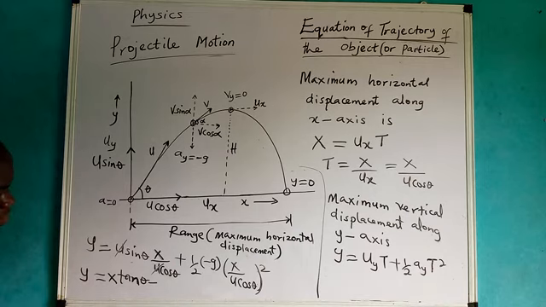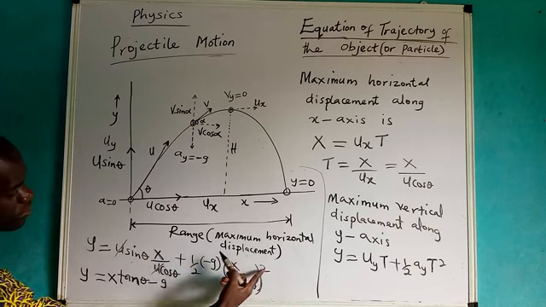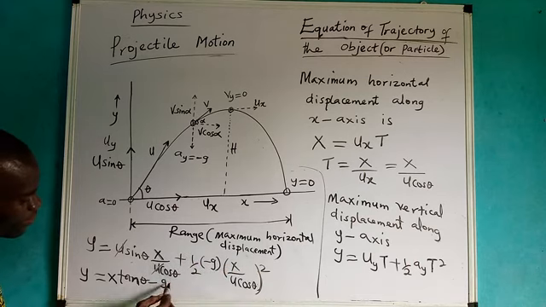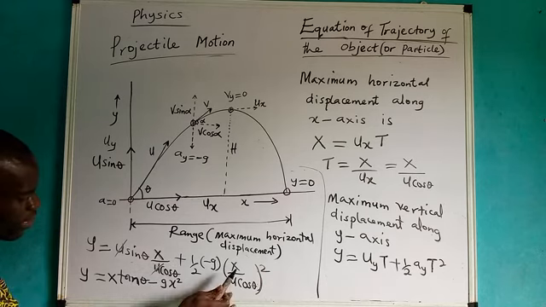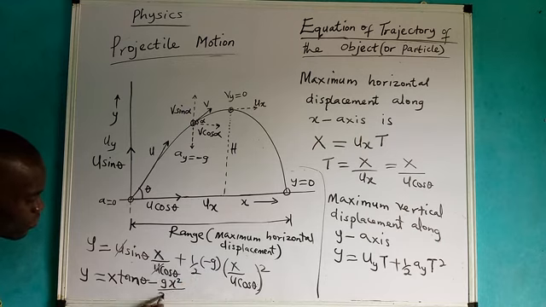Here I will have G, and this square will affect this X, becoming X squared. We have 2 here, therefore I will have 2U squared cos squared theta.